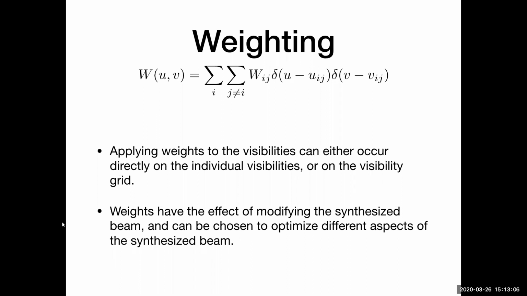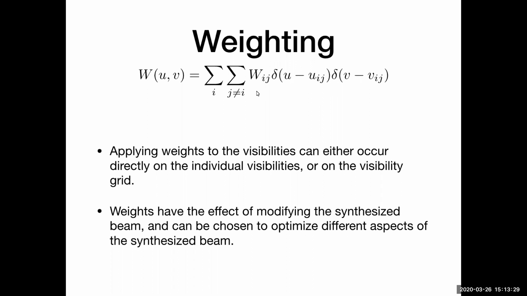We defined this previously: everywhere in the UV plane that you have a baseline between telescopes i and j, with some UV coordinates, you have a measurement at that location. The ensemble of these is your weighting or sampling function.